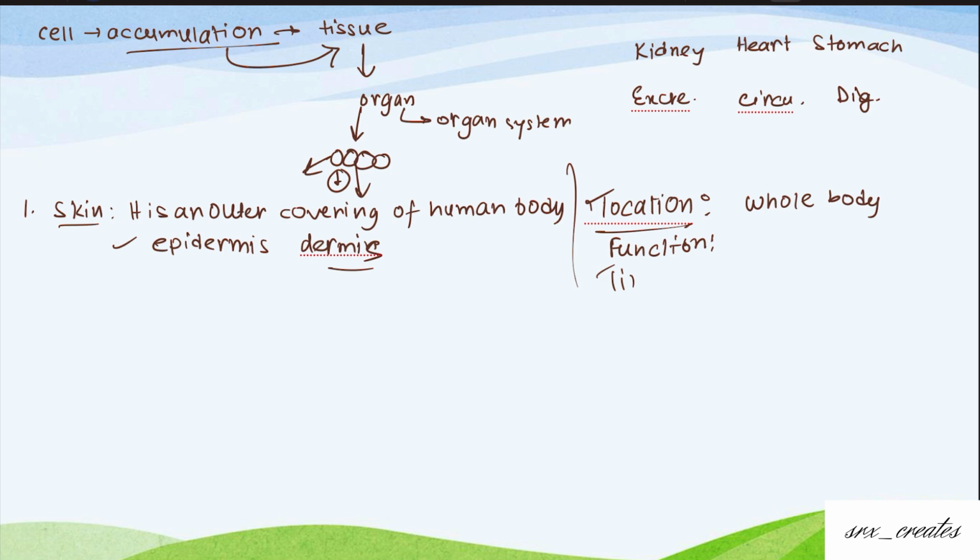So you can say it helps in excretion and water regulation, because if it does not regulate water, you will not drink water. Now drinking water also leads to urination, the process you are going through.